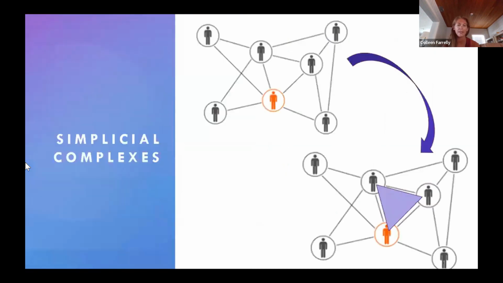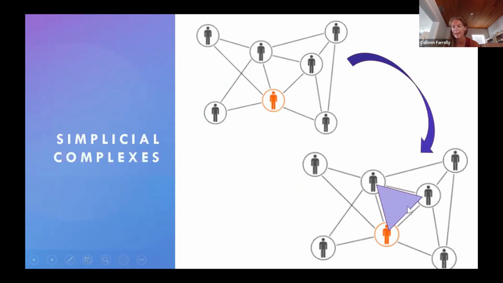Another key piece is simplicial complexes. So up here we have a graph where there are two-way interactions. This person right here is connected to other individuals in the network, but we don't have a way of really understanding, like maybe these three people are collaborating on a project together, and graphs just don't have the capability of summarizing that sort of a connection.